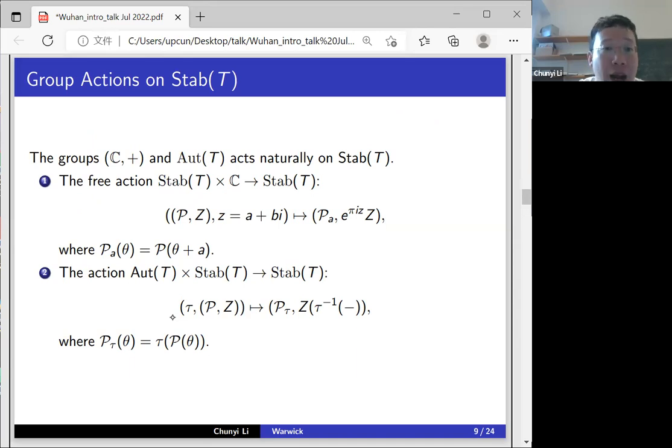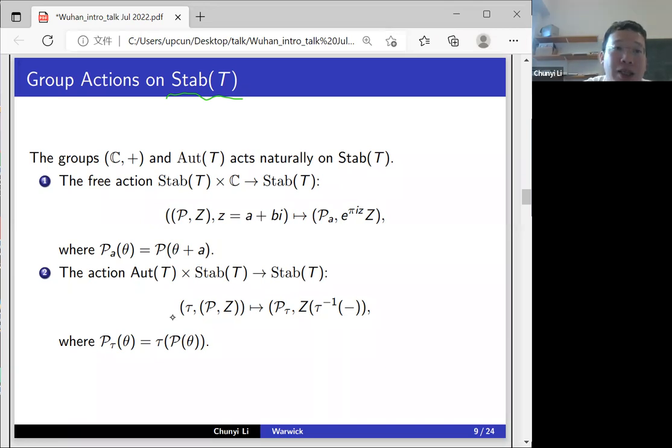Of course, I forgot one thing: given a triangulated category and a definition of stability condition, there could actually be infinitely many stability conditions on it, and we denote the set of them by Stab. Each element of the set is a stability condition. And there are two natural group actions on it.